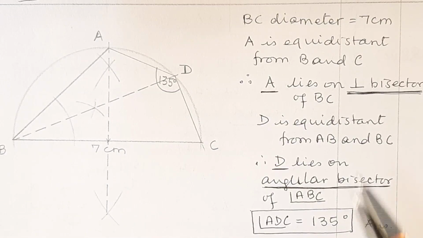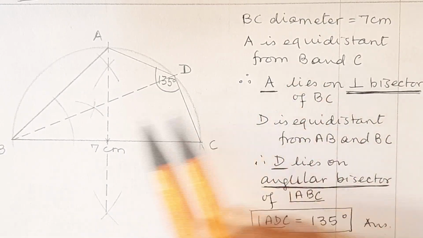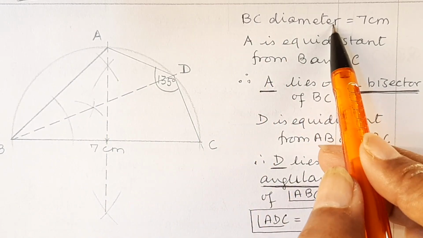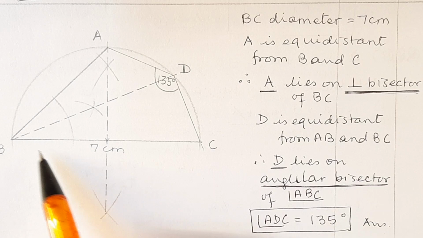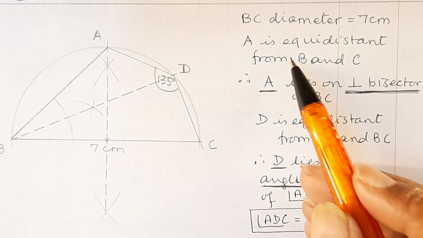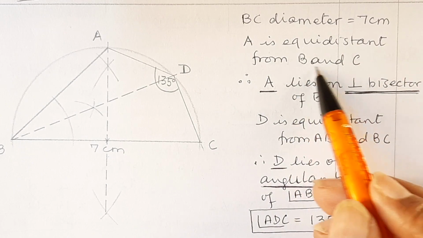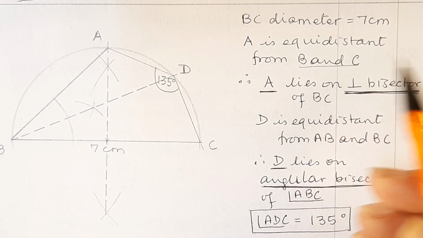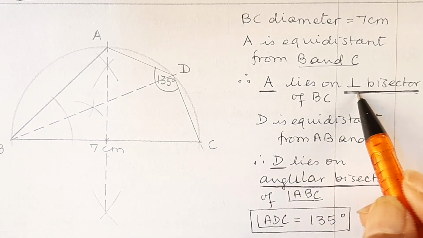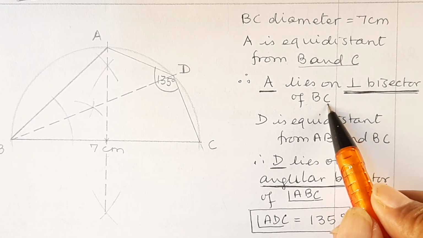Now for convenience's sake, I have already drawn this diagram and I have written the facts. BC was the diameter 7 cm. So we draw BC, which is 7 cm. And A is equidistant from B and C. And so, according to our locus concept, A lies on the perpendicular bisector of BC.